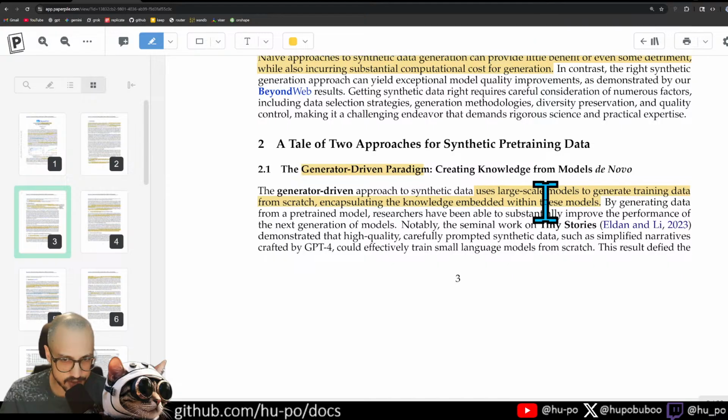So, for example, you could ask GPT-4 to create a blog post about dinosaurs, right? And what's happening there is that all the information about dinosaurs in that generated blog post comes from the knowledge inside the model itself. So GPT-4, usually inside those multi-layer perceptrons, those FFNs, right? That's where the information is stored.